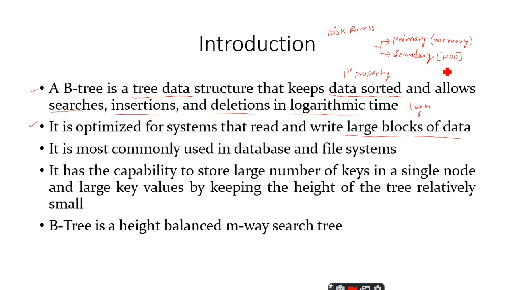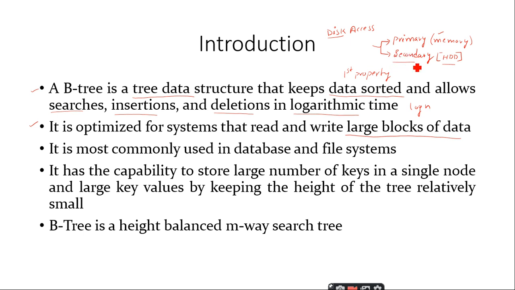Hard disk, right? Hard disk drive. So when somebody says disk, that means you are going to consider the secondary memory, that too the hard disk drive. So please remember the difference between the primary memory and the secondary memory. If something is with respect to the memory, it is related to the primary memory, that is the RAM or ROM.